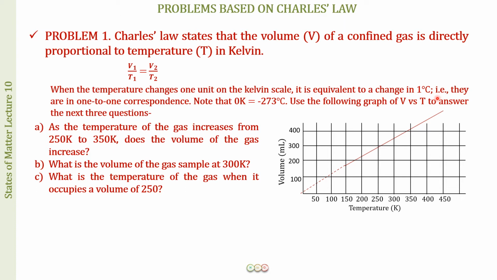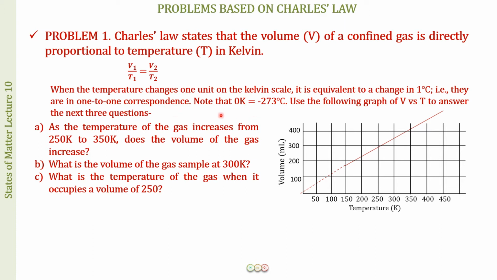So 274 minus 273 is 1 Kelvin. So a change of 1 Kelvin is equivalent to a change of 1 degree Celsius. They are in 1-to-1 correspondence.